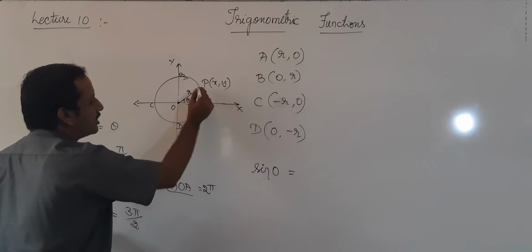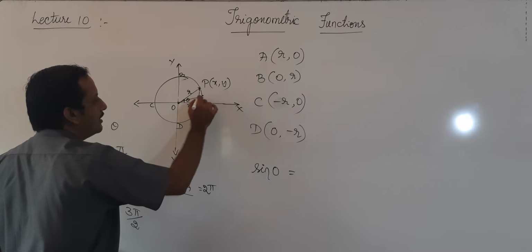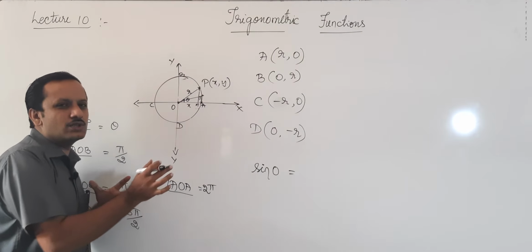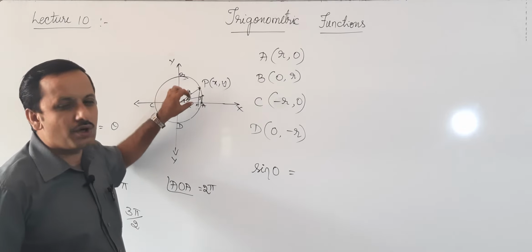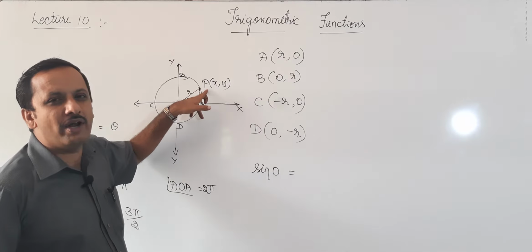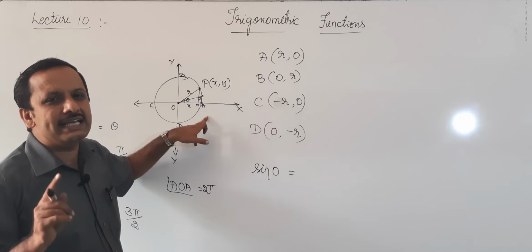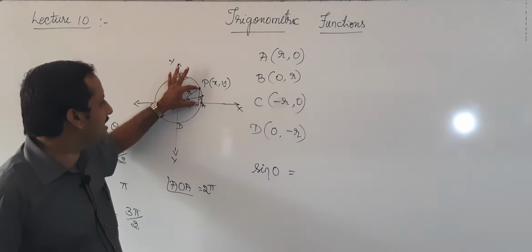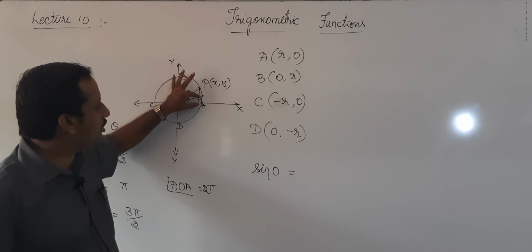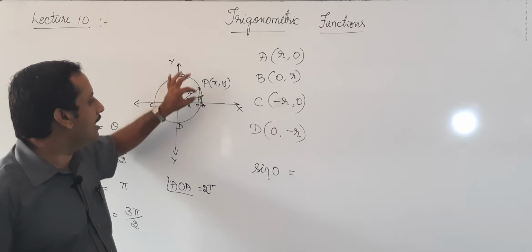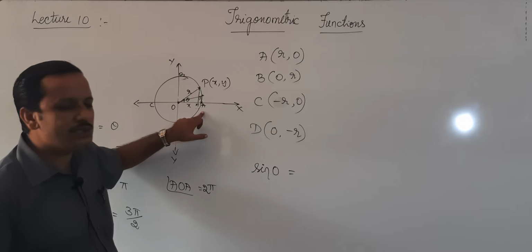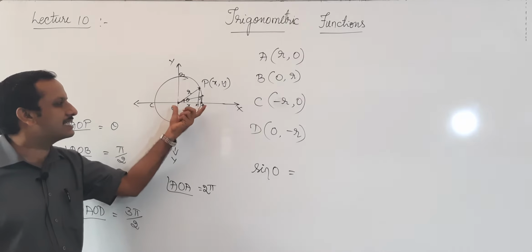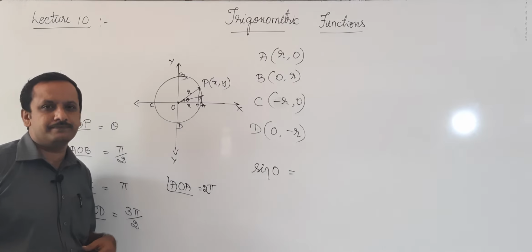If I take the point here, then x goes on increasing and y goes on decreasing. By the time that point P reaches A, x will become r and y will become 0.